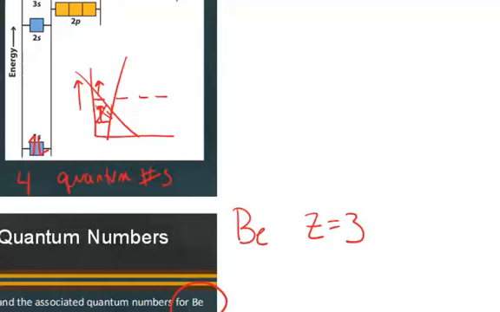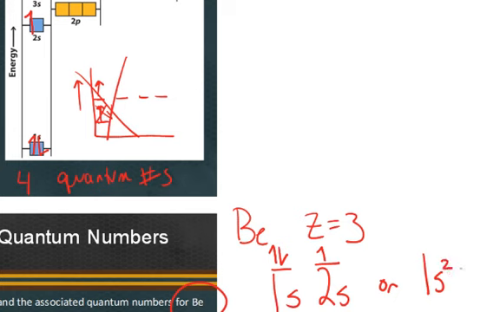So we put 2 in the 1s. We have 3, so the next electron goes into the next higher energy level, the 2s. So the electron configuration for beryllium is 1s, 2s. That's one way of writing it. Or you could say 1s2, 2s1, indicating there are 2 electrons in that orbital.